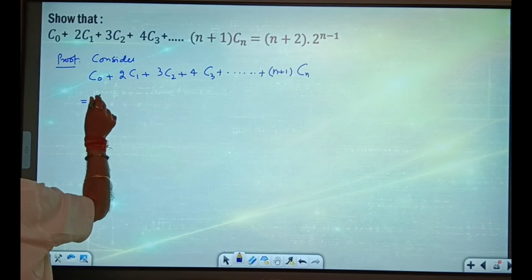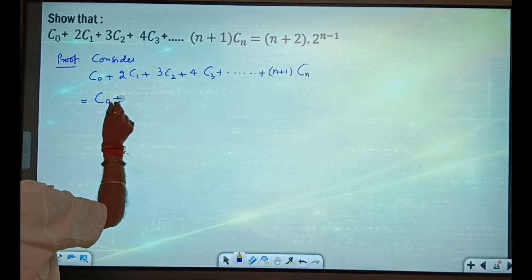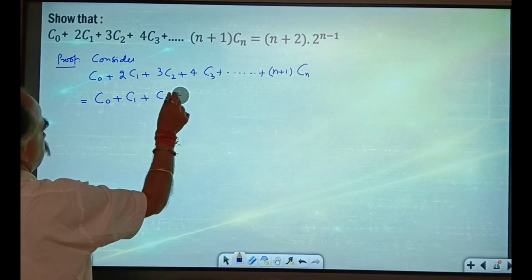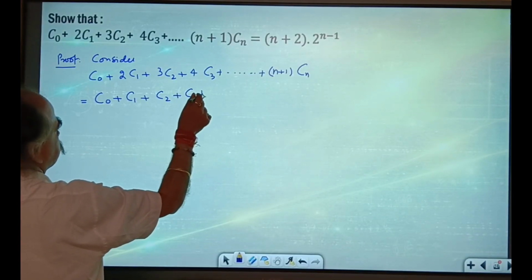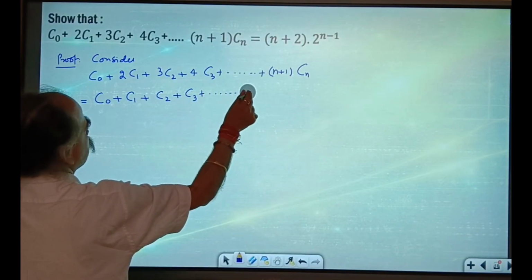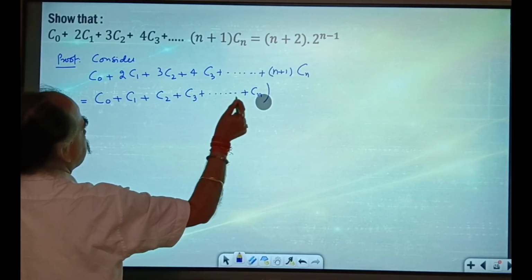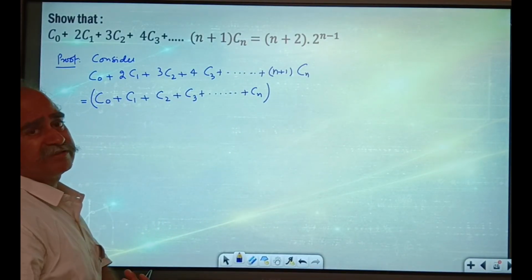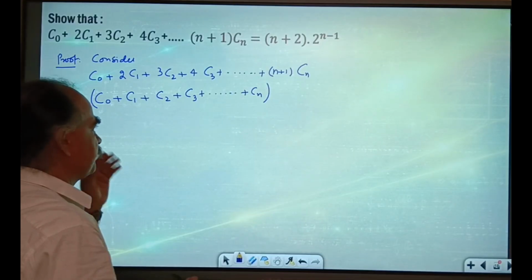This can be written as C0 plus C1 plus C2 plus C3 up to Cn. I had taken one C1, so one C1 is left.